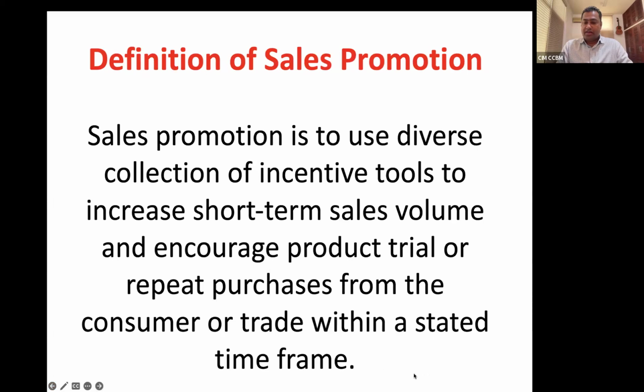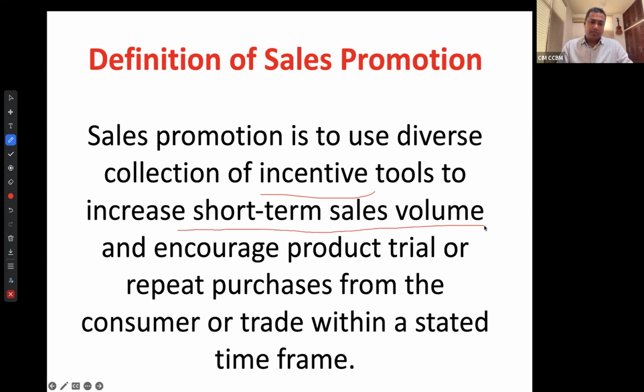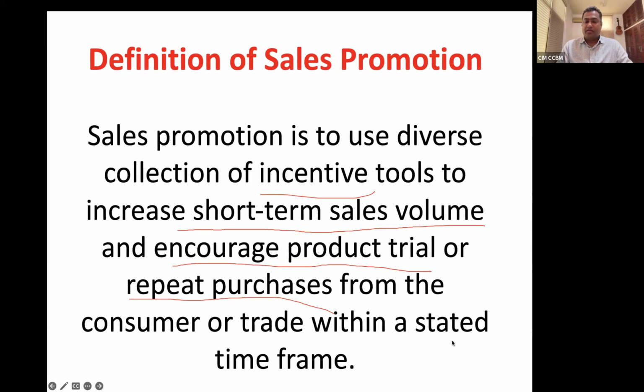Usually it is called a seasonal sale, summer sale, Black Friday sale. It is to increase short-term sales volume, to encourage product trial, repeat business, and it is an offer for a stated period of time. That is what a sales promotion is.